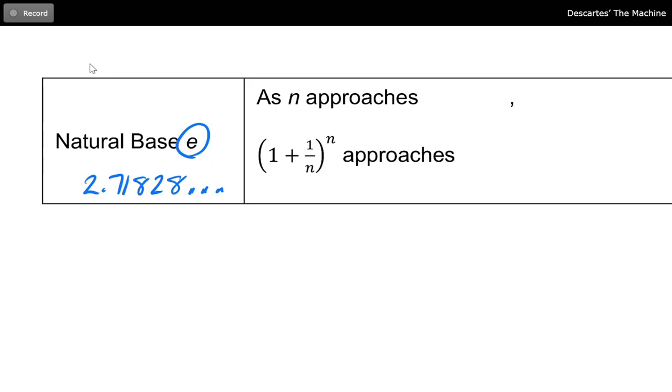This says, as n approaches infinity, the expression 1 plus 1 over n, to the n, approaches E. What that means is 1 plus 1 over infinity, to the infinity power, equals exactly E. But you can't ever do it. You can't ever take something to the infinite power because you never can get there if you multiply it infinitely. And 1 divided by infinity, what does that even mean?